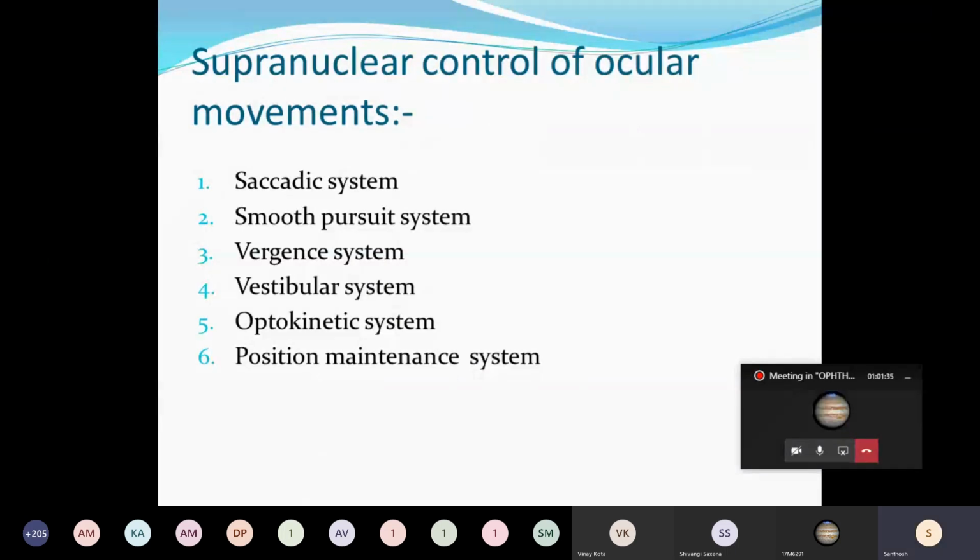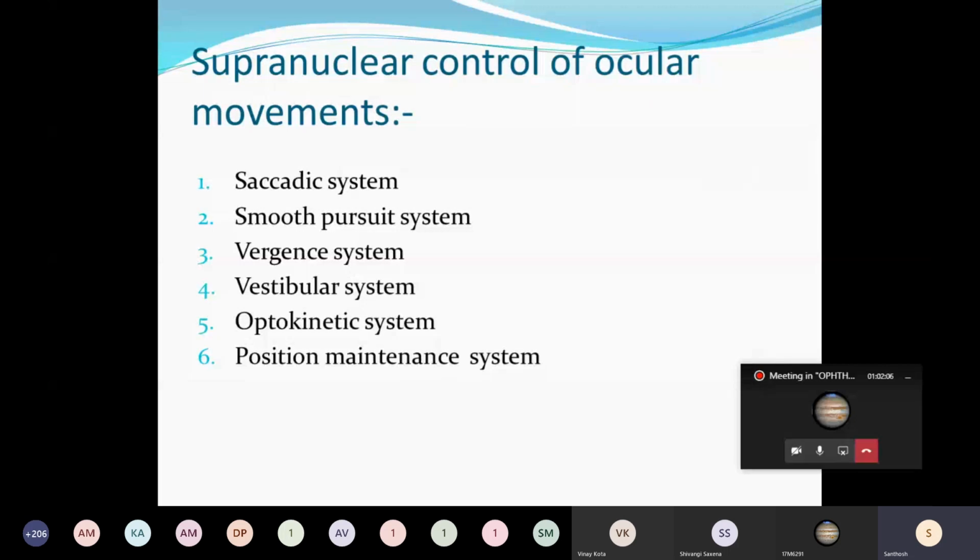These are the supranuclear controls of movements. Sometimes it may come as a short note, though very rarely, when you have to write something about the supranuclear control of ocular movements. I feel it is enough if you just remember the names: saccadic system, smooth pursuit system, vergence system, vestibular system, optokinetic system, and position maintenance system.